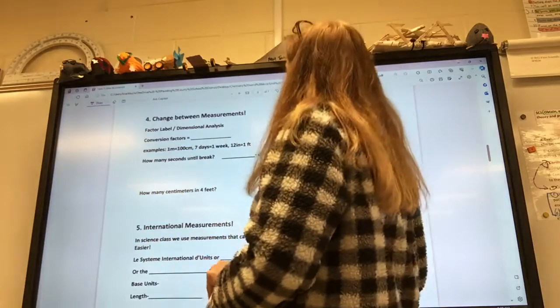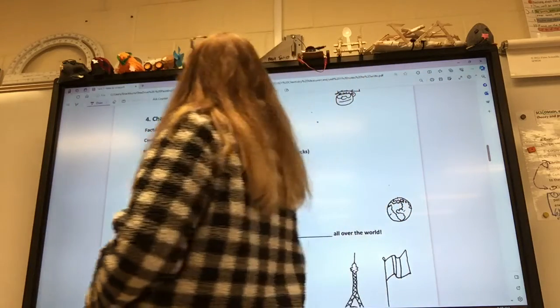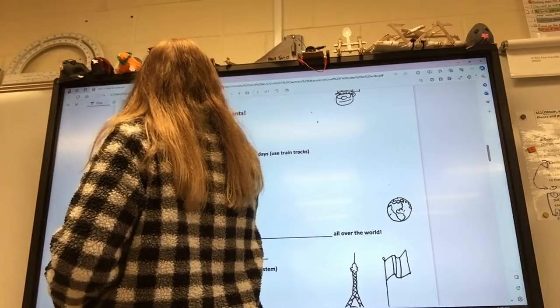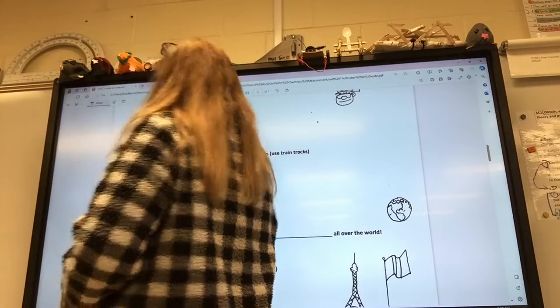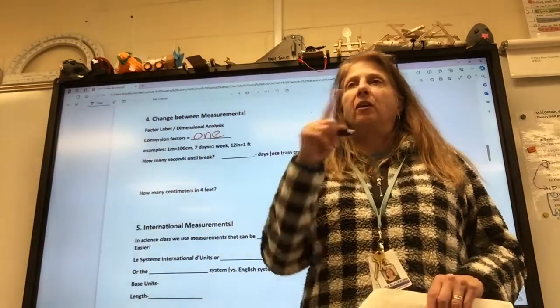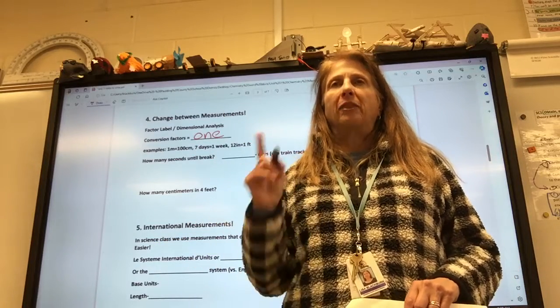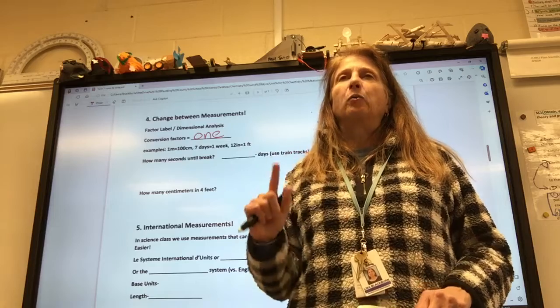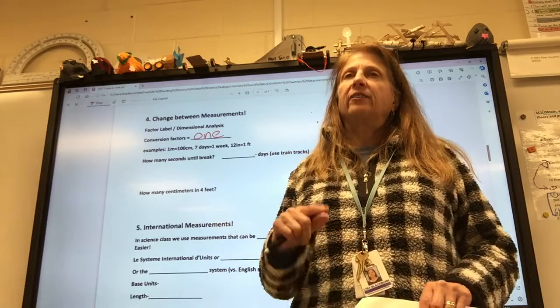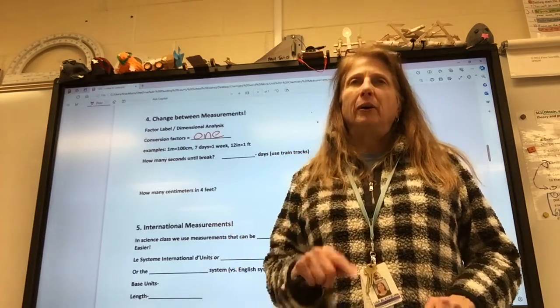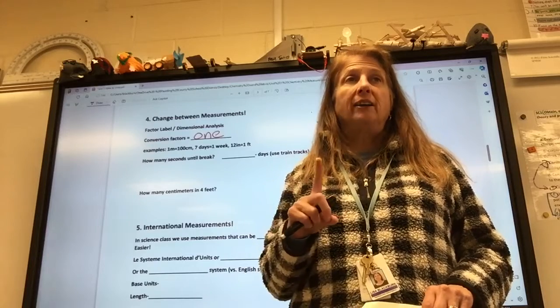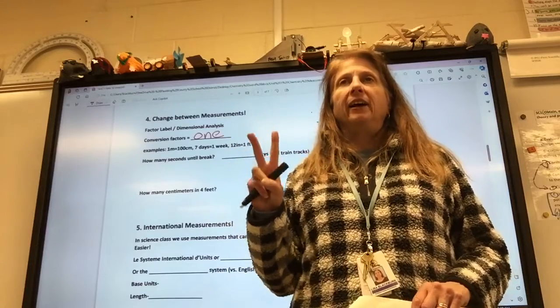See? That's fun, right? So how we do this is by using conversion factors. Conversion factors equal 1. This is the reason why some of y'all are those kids who always have to know why to learn anything. This is why it works. Mathematically, anything times 1 is itself. 6 times 1 is 6. A billion times 1 is a billion, right? Second math idea.